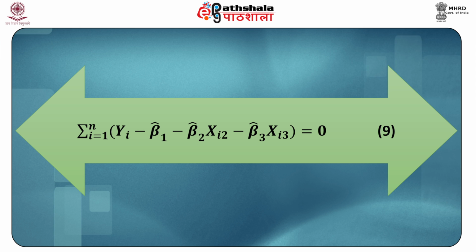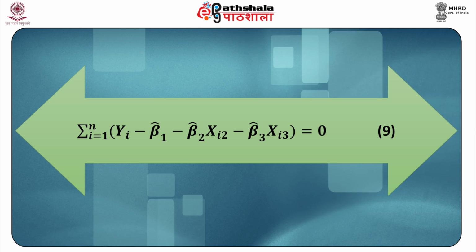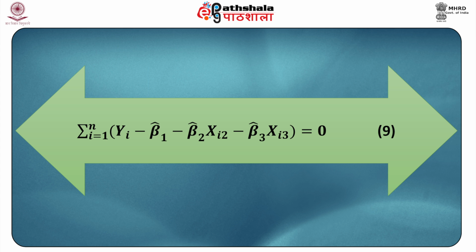So there are 3 normal equations and 3 unknowns, therefore they can easily be solved to derive the estimators. And equation 6 can be simplified as sigma of yi minus beta 1 hat minus beta 2 hat xi2 minus beta 3 hat xi3 equal to 0, which is our equation 9. And in all the sigmas, let me clarify, i ranges from 1 to n.